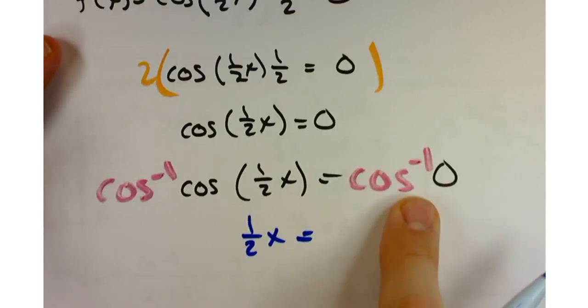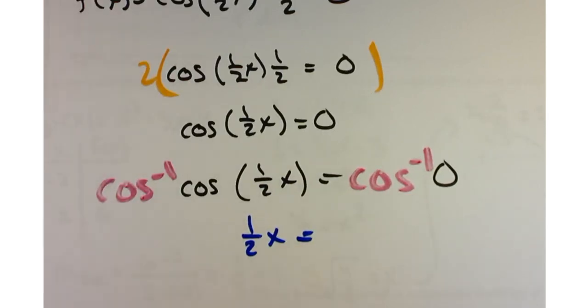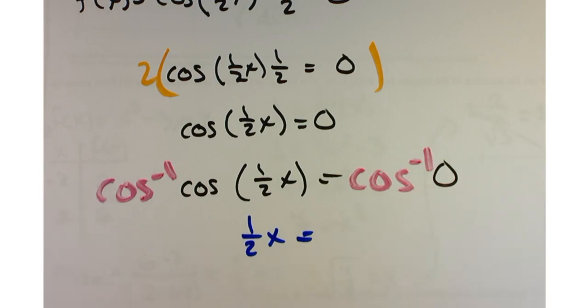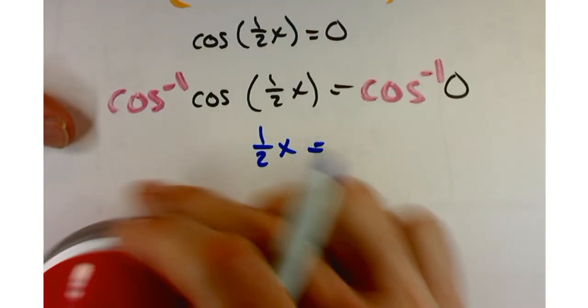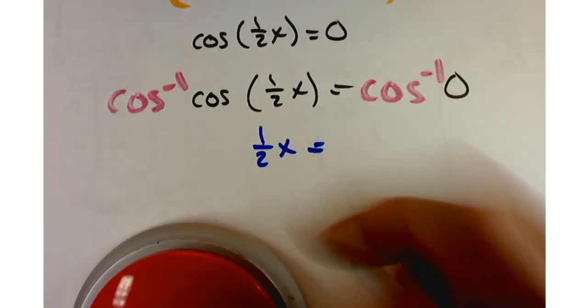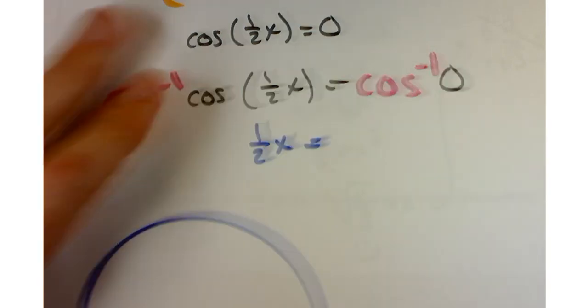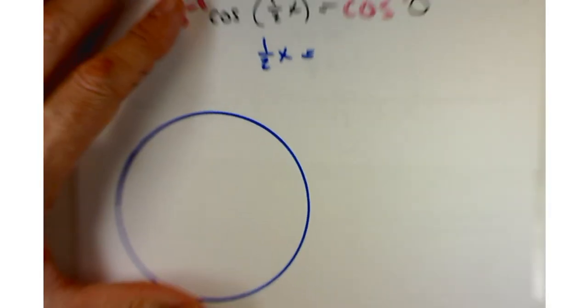On the right-hand side, I need to know at what point I've got an angle whose cosine is 0. Where is that going to happen? Pi, 2 pi. Cosine is which coordinate on the unit circle? So it's the x coordinate.